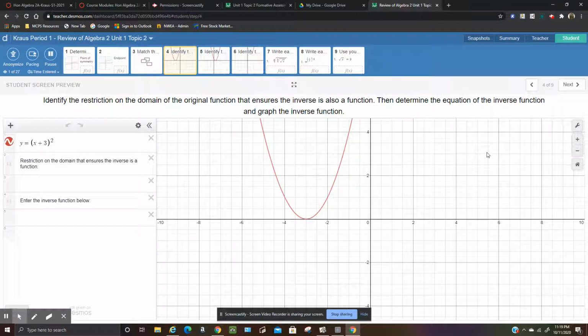All right, on this one, if I type in here the restriction on the domain, so this is at -3, 0. So if I want this half of the parabola here, x is greater than or equal to -3.